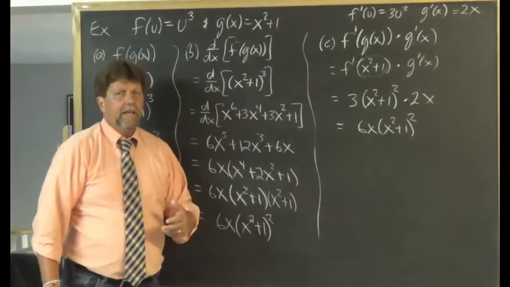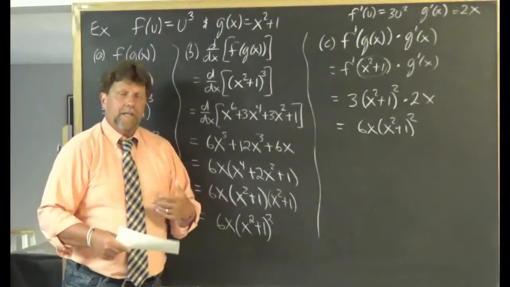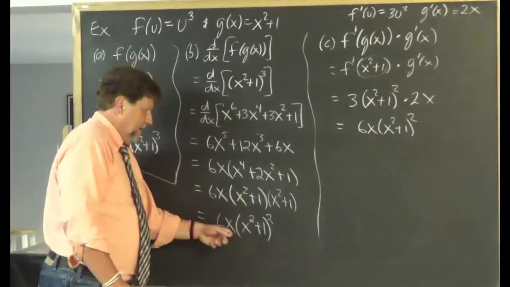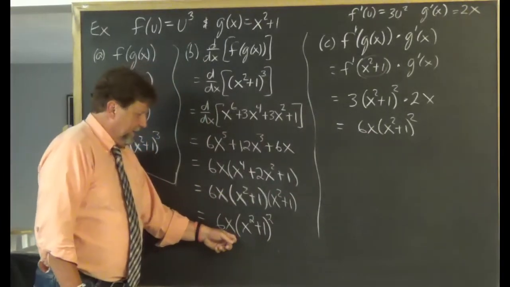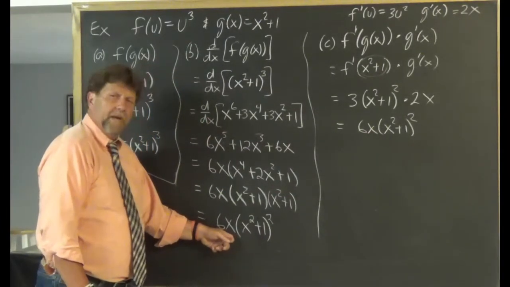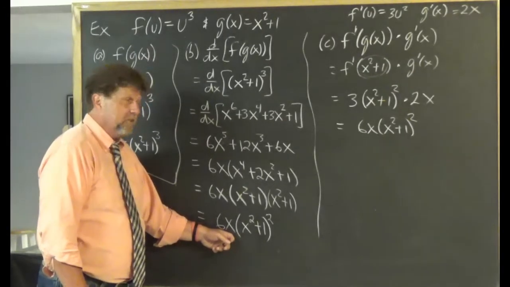Now, I wouldn't be taking this time if it were just some crazy coincidence. So let's string together what we did here. I mean, we have the same answers. So now how did we get the 6x in part B? How did we get the 6x times x squared plus 1 quantity squared?